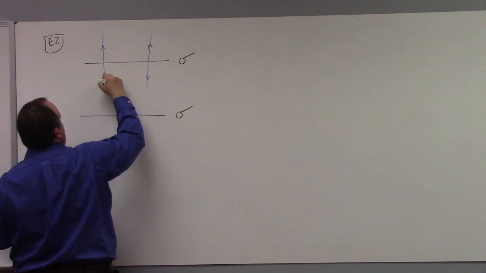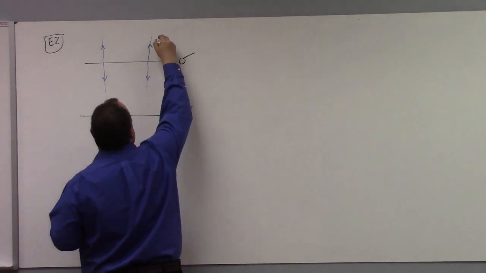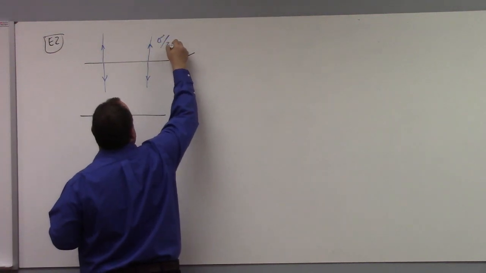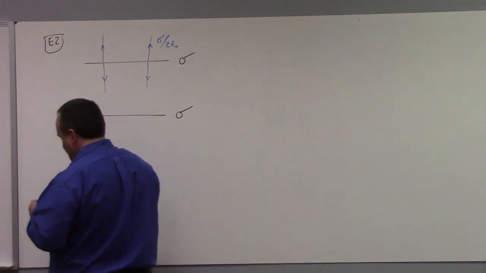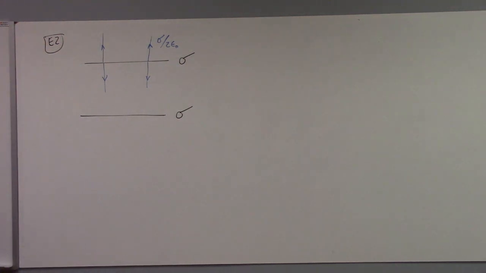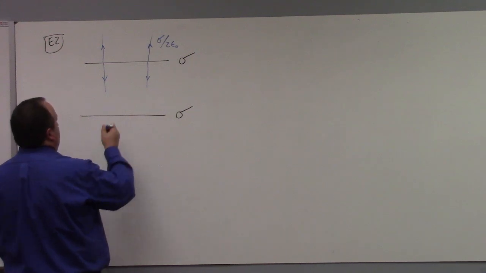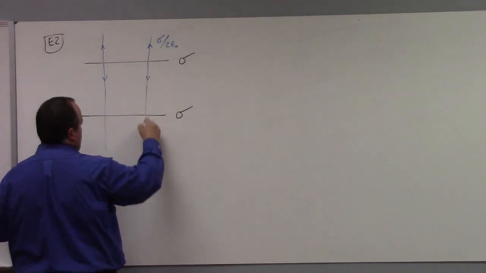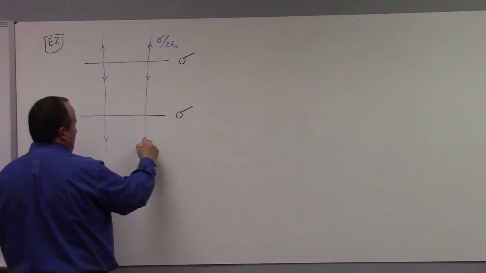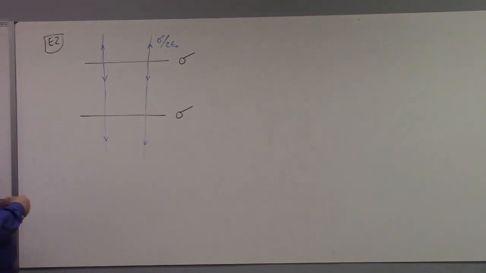They go away from the plane, and what's their magnitude? Sigma over 2 epsilon naught, right? And the other one, what are the electric field lines from the lower plane? Yeah, so I should say that all of the blue lines have magnitude sigma over 2 epsilon naught, right?